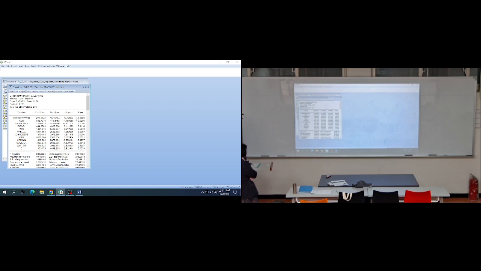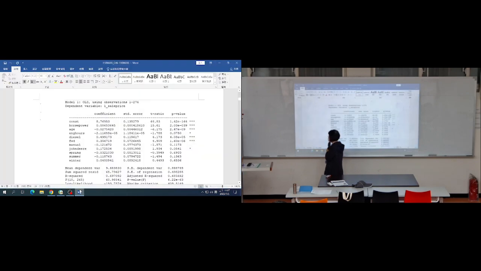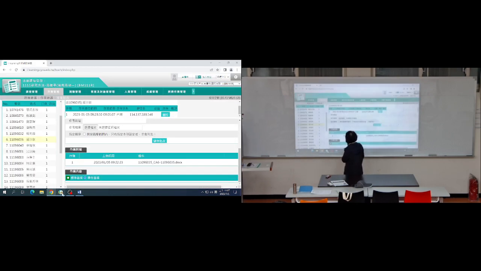Is this the basic model in step 2? This is your result. You run it, right? Okay. Turn on this one, then double check with your result.